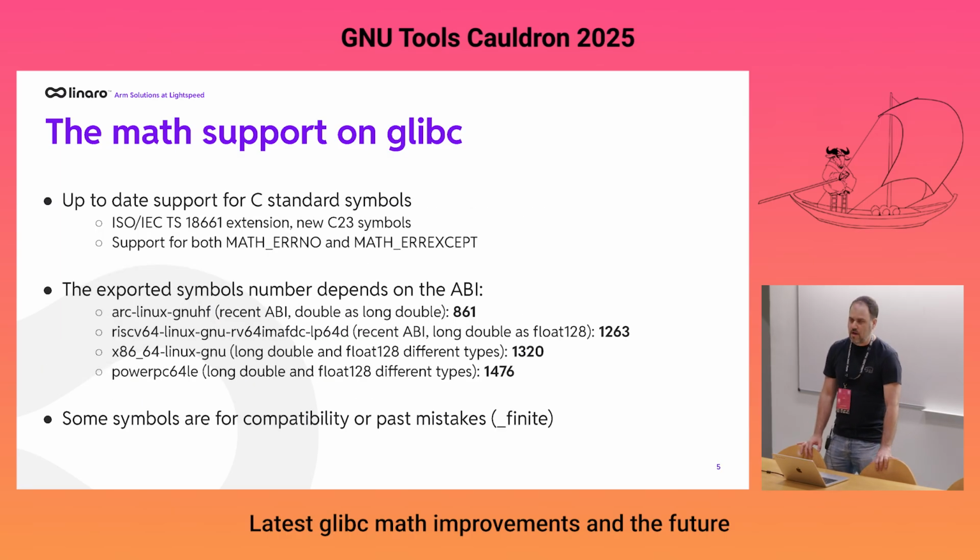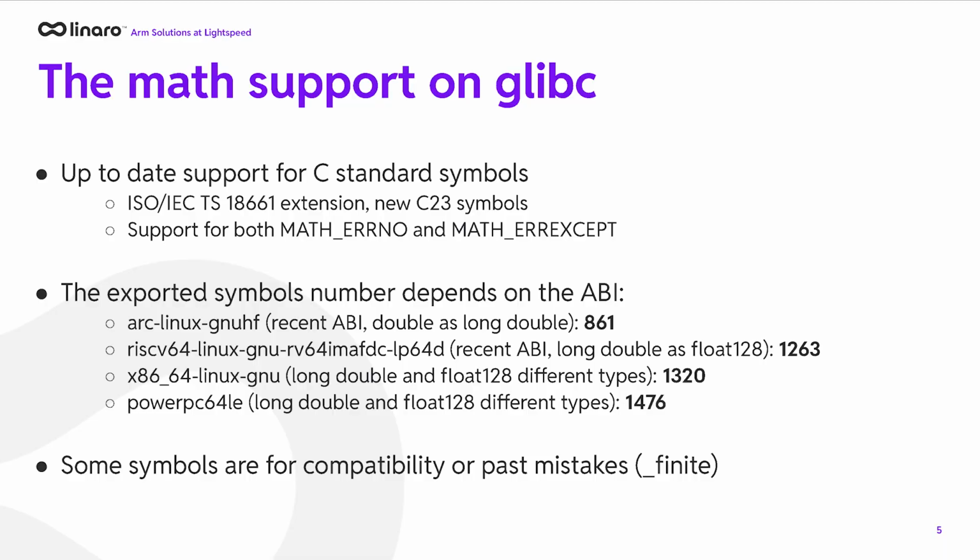So right now, if I recall correctly, we are up to date with the C standard, meaning I think Joseph has finished the C23 math support for all the new functions that C23 defines.